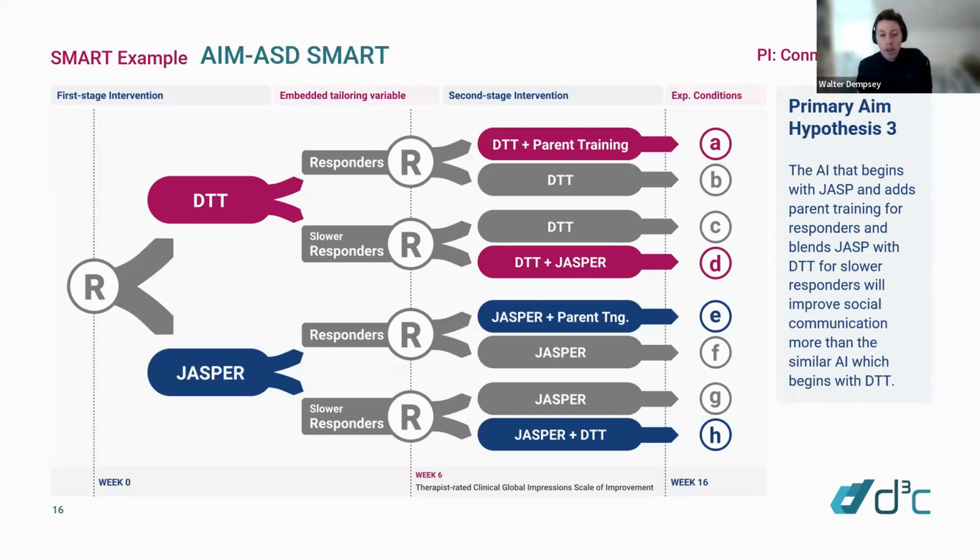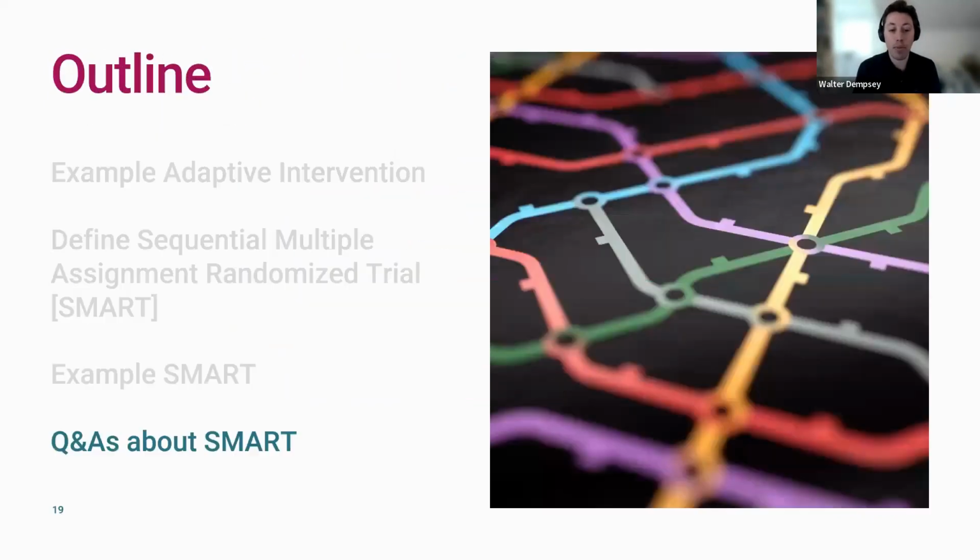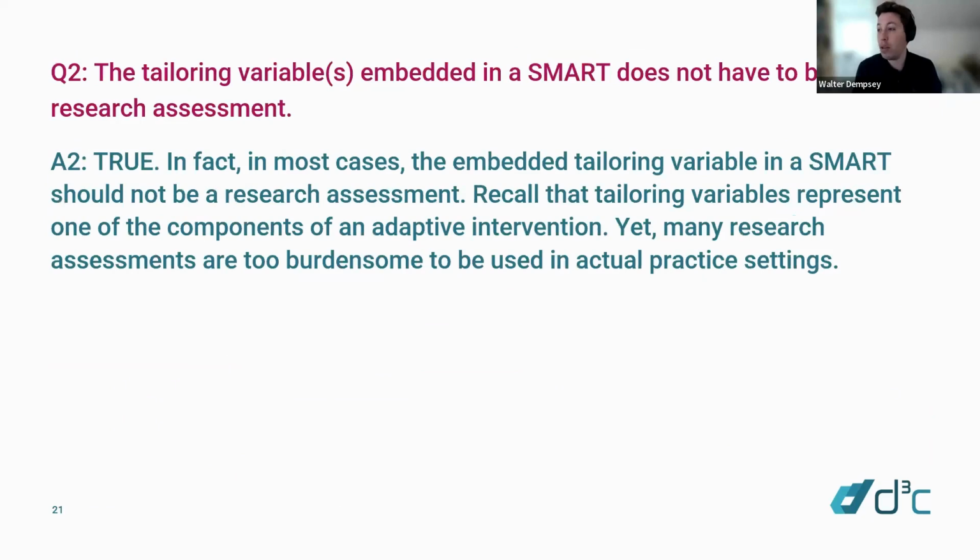And so often you want to think about, when I move from my SMART trial to deploying my AI in practice, am I going to be able to do that, or am I going to have to add additional burden on the clinic because they're now going to have to collect research assessments every week? And that's usually not going to fly.